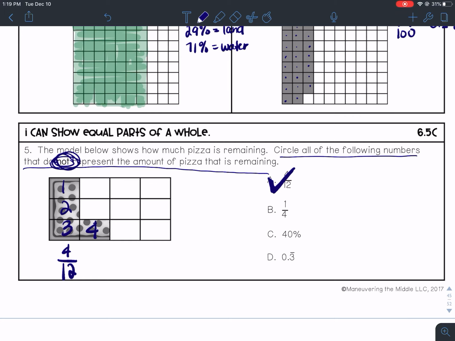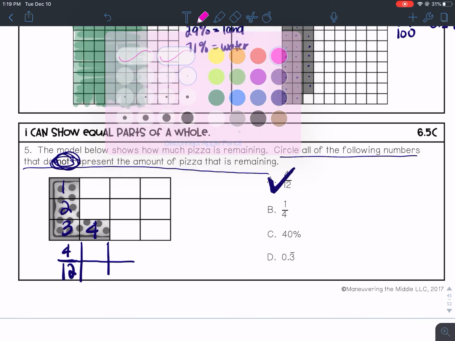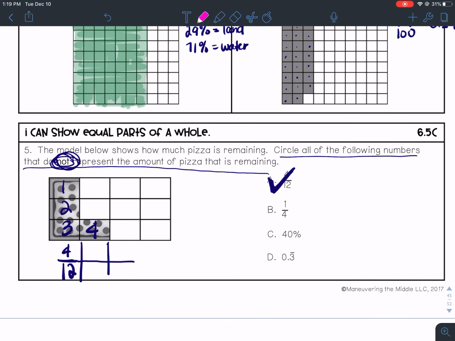Now I have 1/4, which looks like a simplified version, right? So I'm going to simplify 4/12 and see if it gets me 1/4. Okay, they're both even numbers, so I can divide by 2. Or let me just ask myself, what's another number that goes into both 4 and 12? Well, I know 12 is divisible by 4, and 4 is obviously divisible by 4.